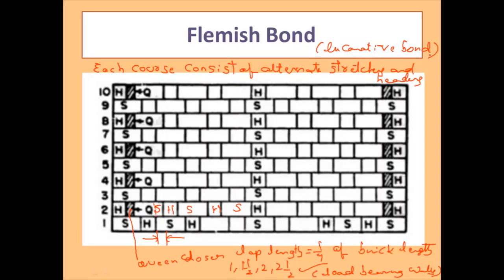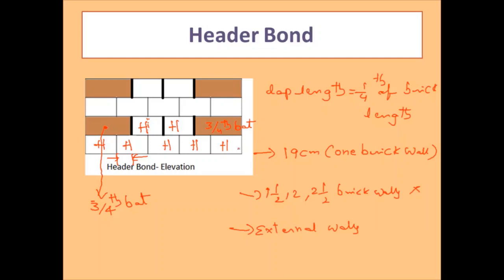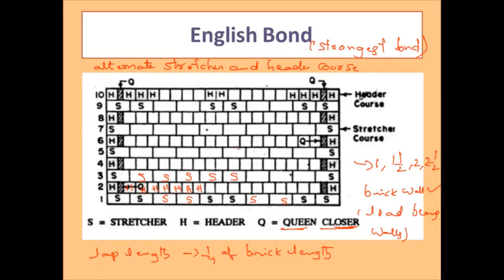So these are the four types of bonds in brick masonry. If you see the first one, stretcher bond, the wall completely consists of stretchers. And the second one, the wall completely consists of headers. And the third one, English bond, consists of alternate stretcher and alternate header courses.